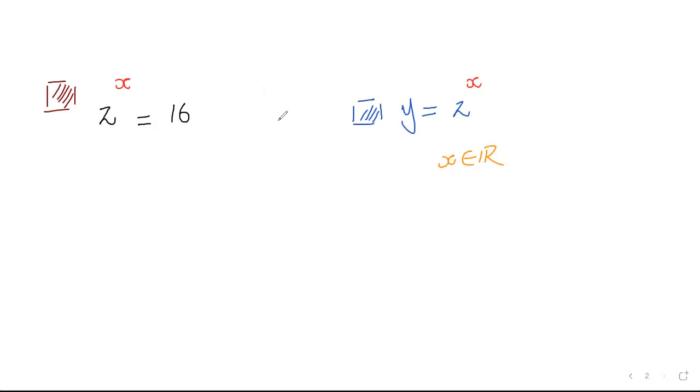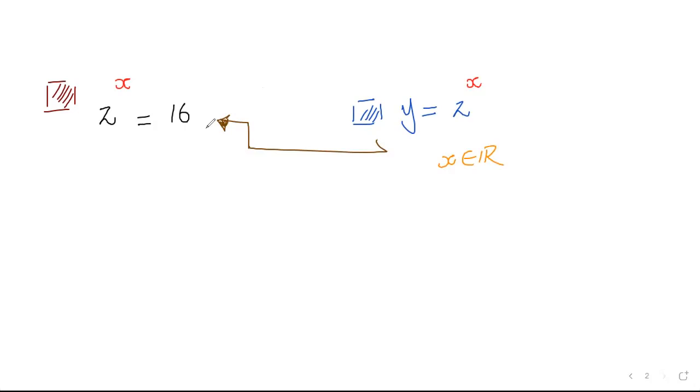However, look at the one which we have on the left. We take this one, 2 to the power x, equated to 16. And now look, it becomes an equation. Now, can x be any real number? Not anymore. That's the thing which makes exponential equations different from exponential functions.